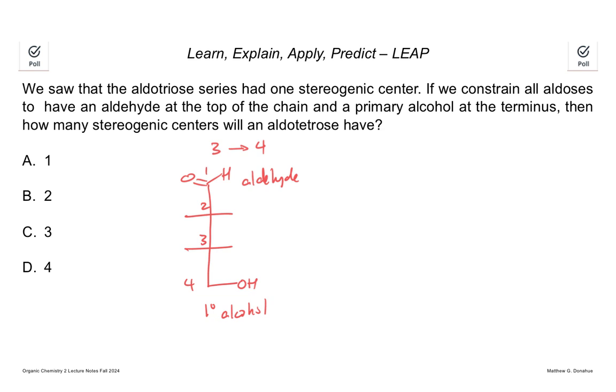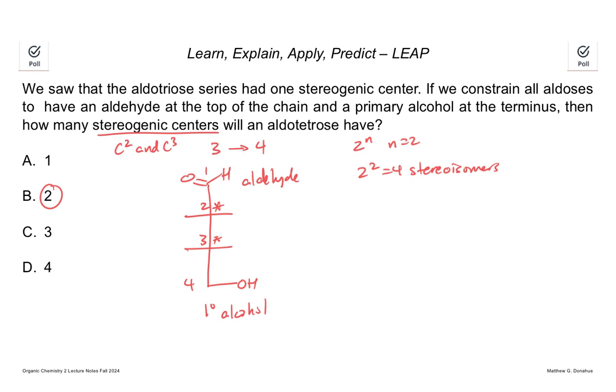The stereocenters are now carbons 2 and 3, so I'll put an asterisk by them. We use 2 to the n, where n is equal to 2, so now we get 4 stereoisomers. The specific answer to this question is 2 stereogenic centers. And I think the answer to the next question is 4, because it's 4 total stereoisomers.